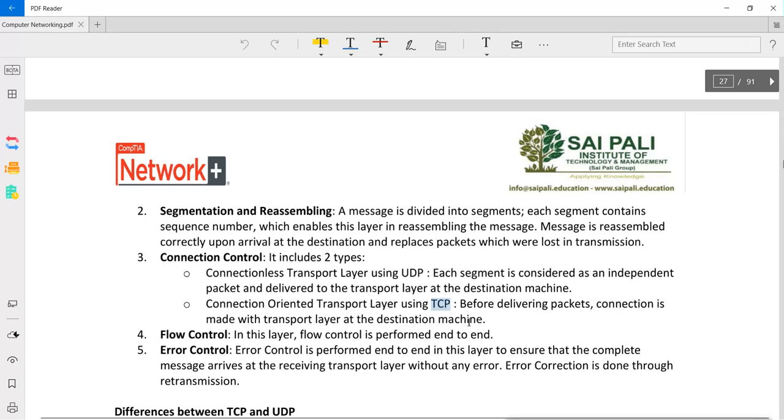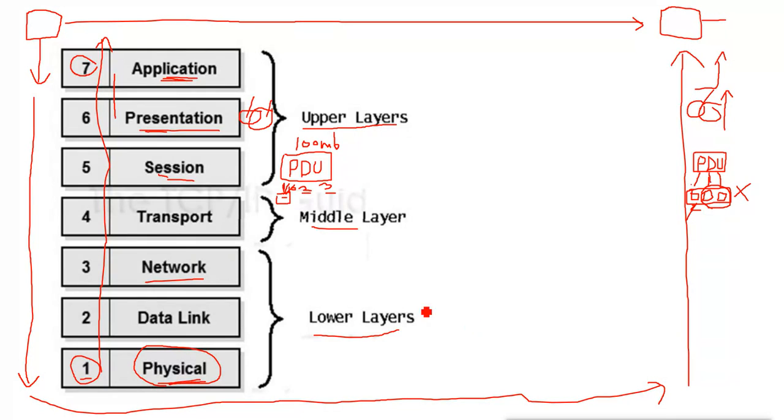That means if the data is going with the TCP protocol, then first this transport layer will make a connection to the transport layer of the receiving end.